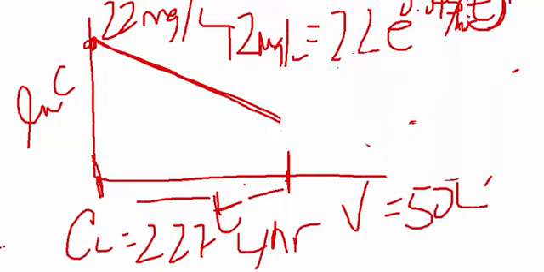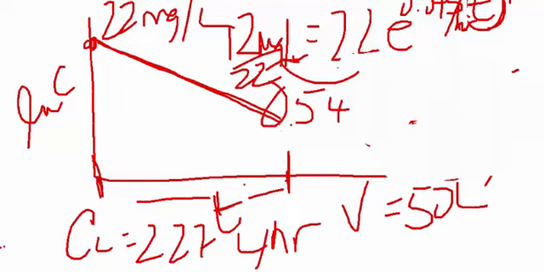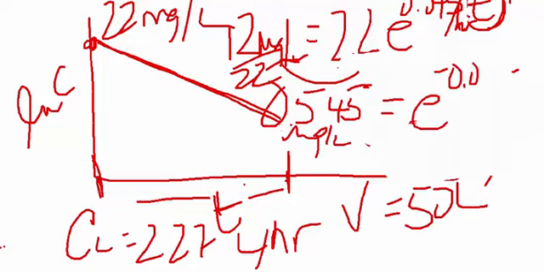So bring 22 over. So we have to divide by 22. So 12 divided by 22 is 0.545. This is milligrams per liter. Equals e to the negative 0.045 times t.